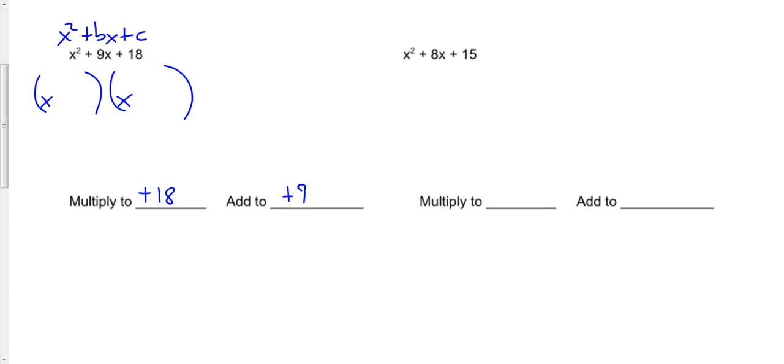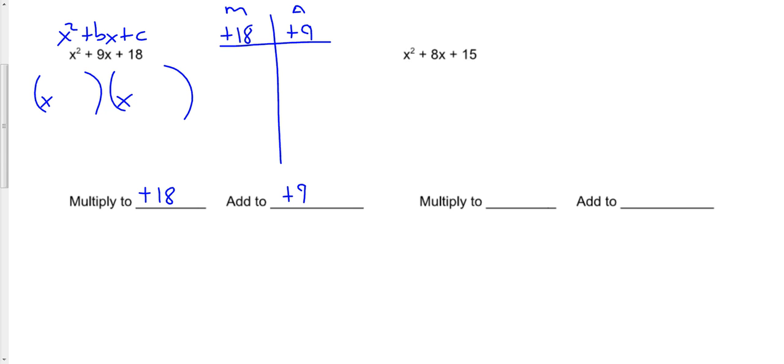If we're going to try and figure this out, we need to create what we're going to call an MA chart. I know they have to multiply, so here's my M. They have to multiply to 18, and they have to add, that's the A, to positive 9. I'm going to take a look at the factors, the numbers that multiply together to get me 18.